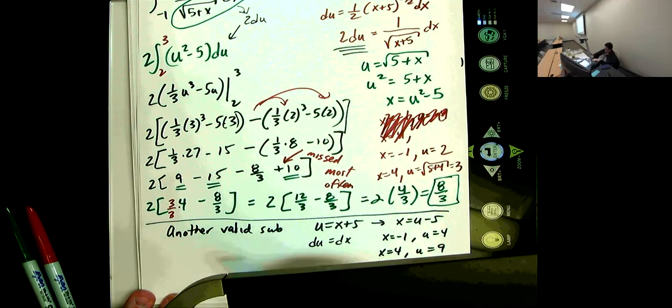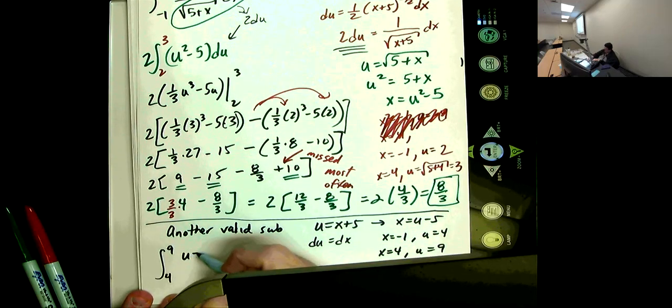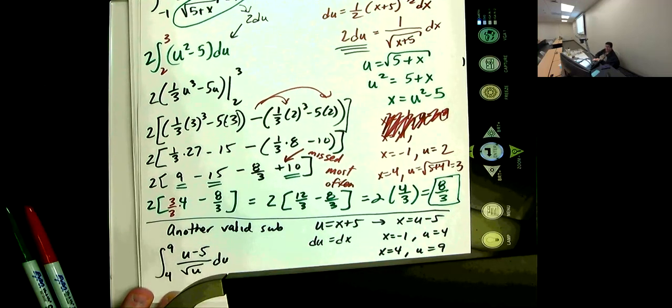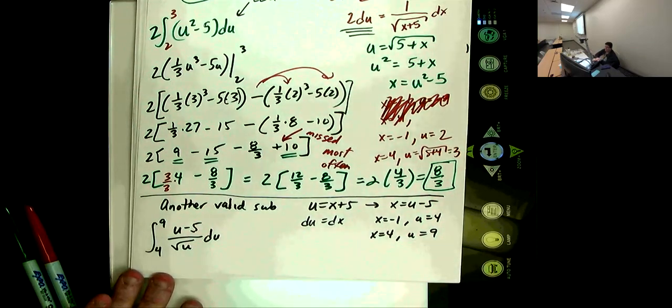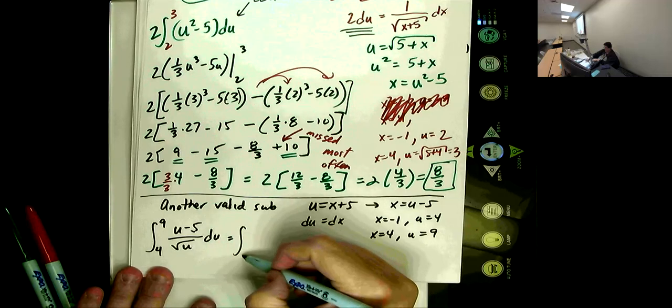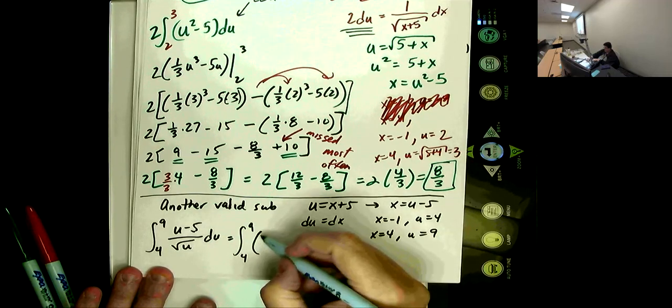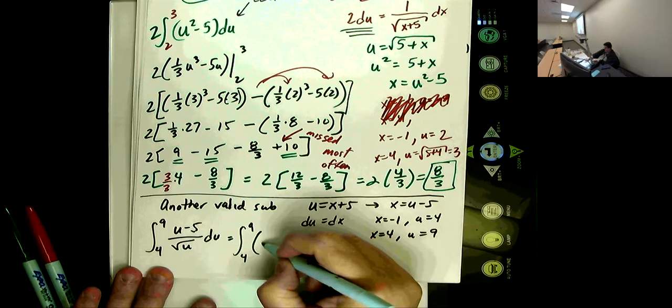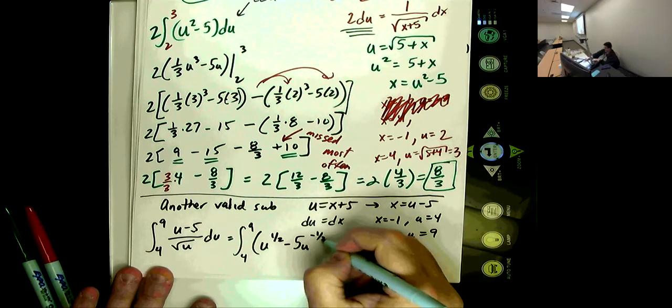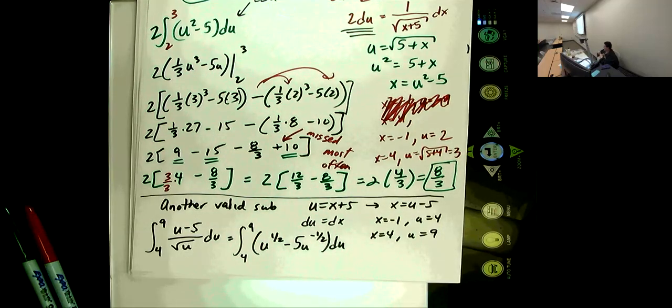And the integral becomes 4 to 9 of u minus 5 over the square root of u du, which you can break up into, using exponents, u to the 1/2 minus 5u to the -1/2 du. And that's how you integrate from there. And you'll still get the 8/3.